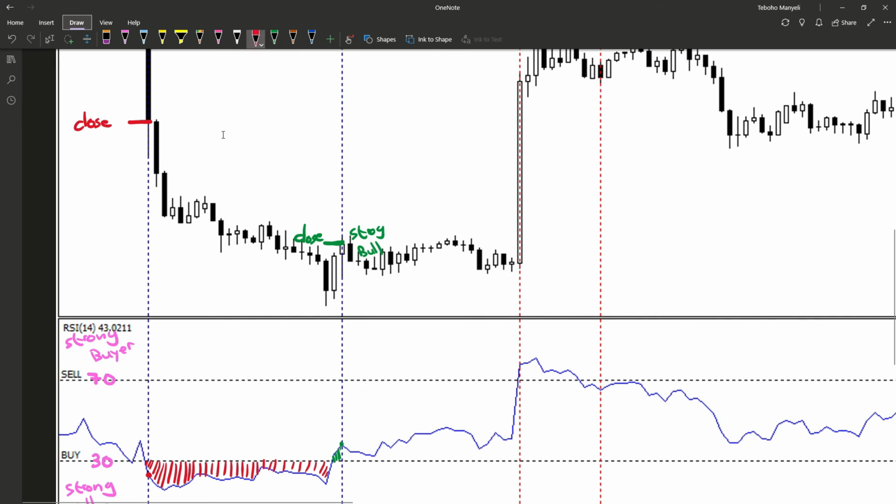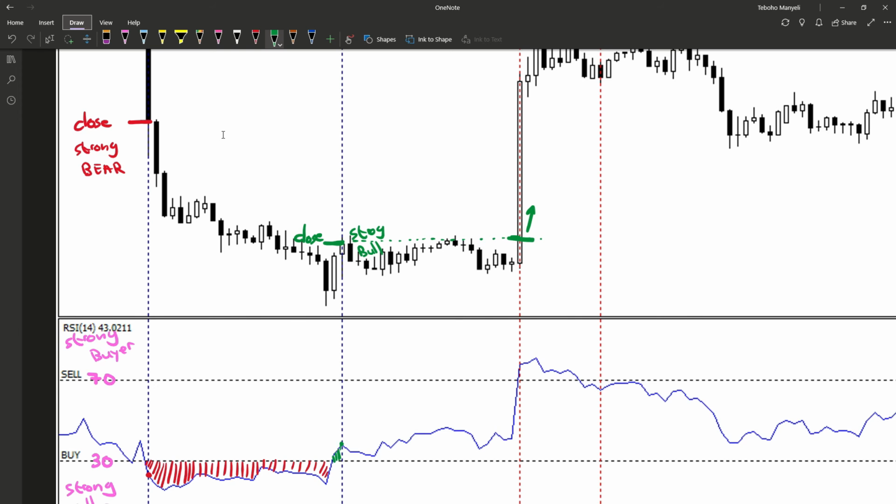Okay, just like when they went below the 30, it indicated a strong bear or seller. Okay, so we started buying from this area here, and as you see, the market kept going upwards from there, shot right up from there.